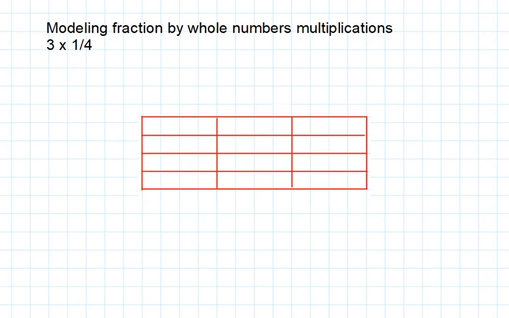So the way we're going to do this is we're going to have 3 by 1. So this is 3. This is where the 3 comes from. And here we have 1. The whole number we can put on top.